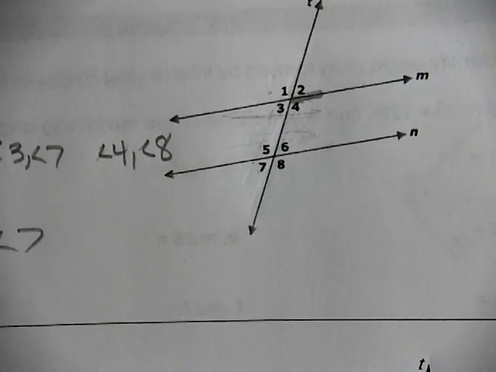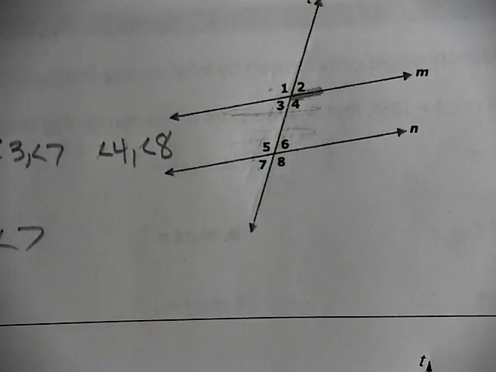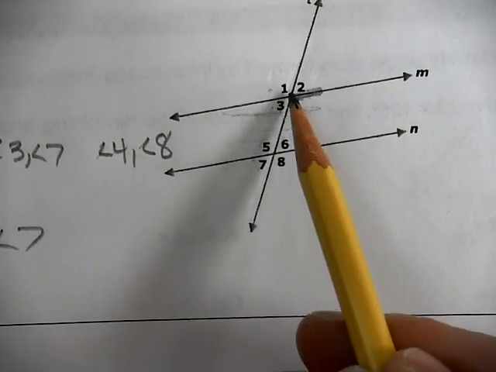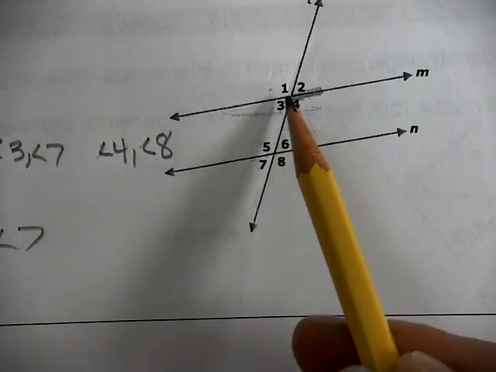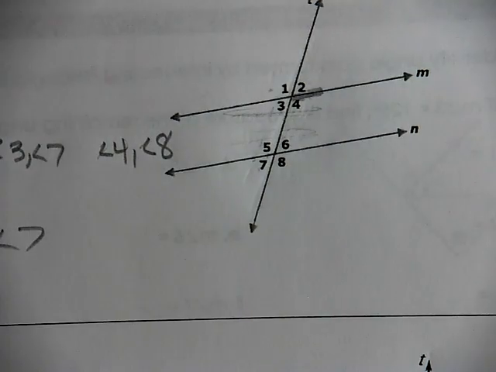What are other angles? They're pretty much either congruent or they're supplementary. Don't pick any with the same vertex, but can you find a pair of angles here that are supplementary?